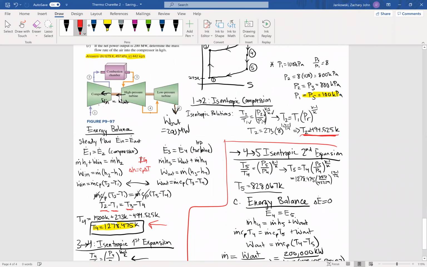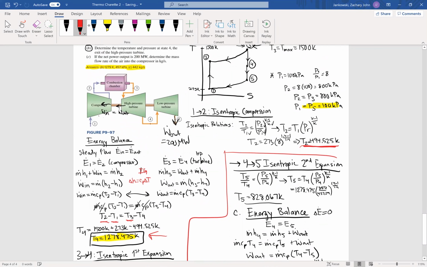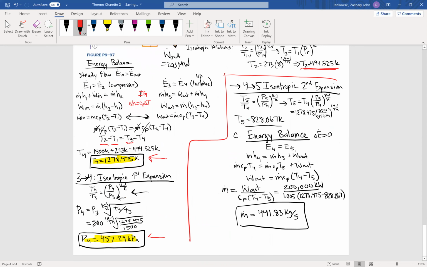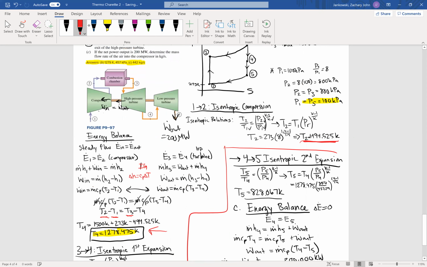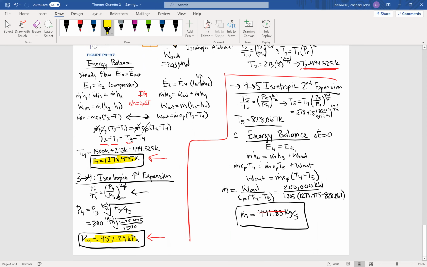And our P4 value is 457 kPa, which is pretty close to our P value there. Additionally, the C value that's given is 442 kilograms per second, and that is exactly what we got for our m dot value down here.